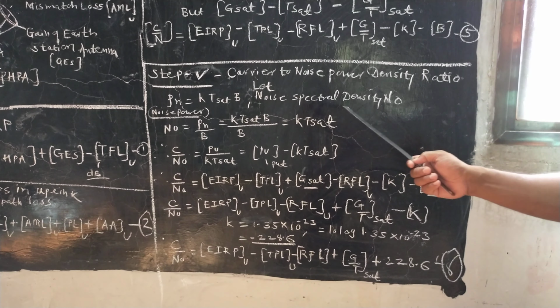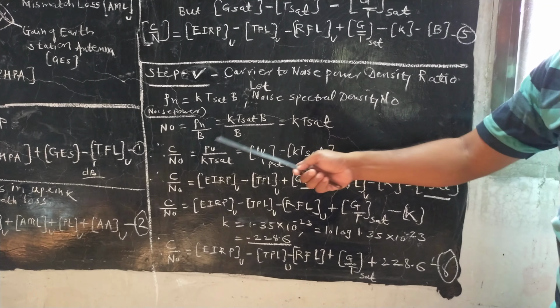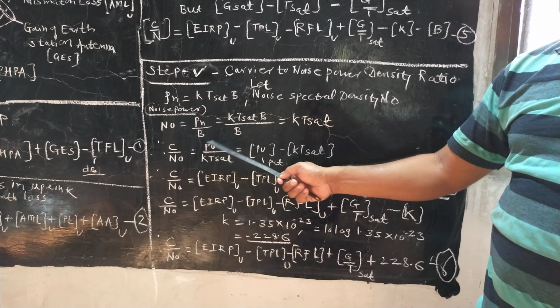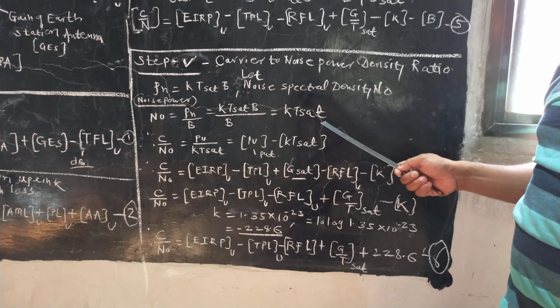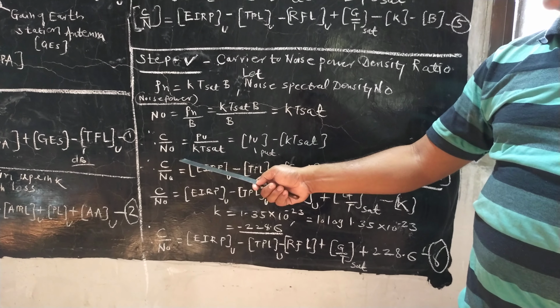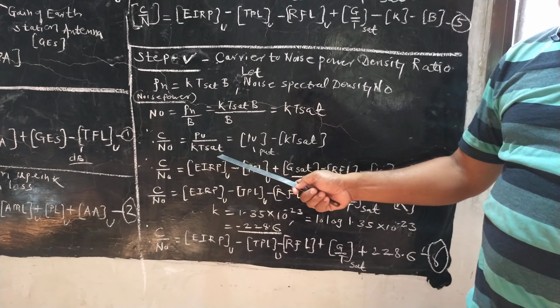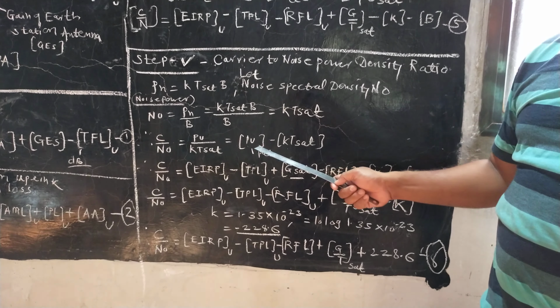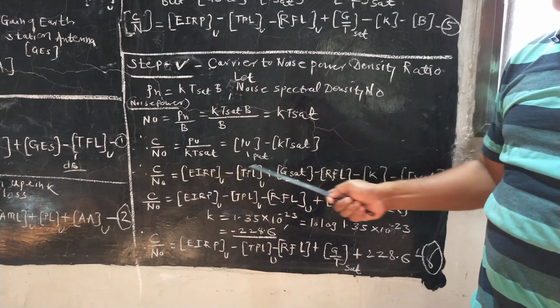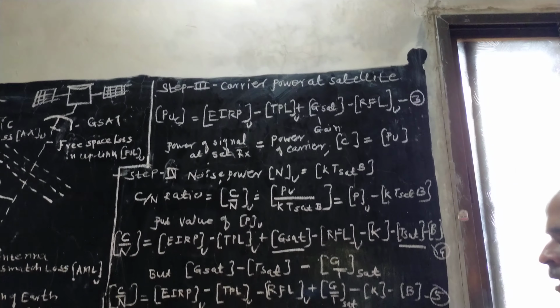So let noise spectral density N0 be given by N0 is equal to Pn by B, put the values, we will get K T sat. Therefore C by N0 is equal to Pu upon K T sat, we can represent it as P uplink minus K T sat. Again fill up the value of Pu from this equation, that whole equation we have to fill up in this equation.